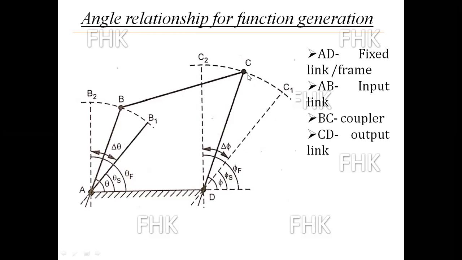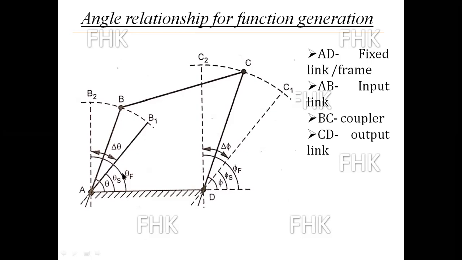At the same time, the output link CD is making angle phi. When the input link is at the initial position AB1, simultaneously the output link is at the position DC1, making angle phi starting with the fixed link.